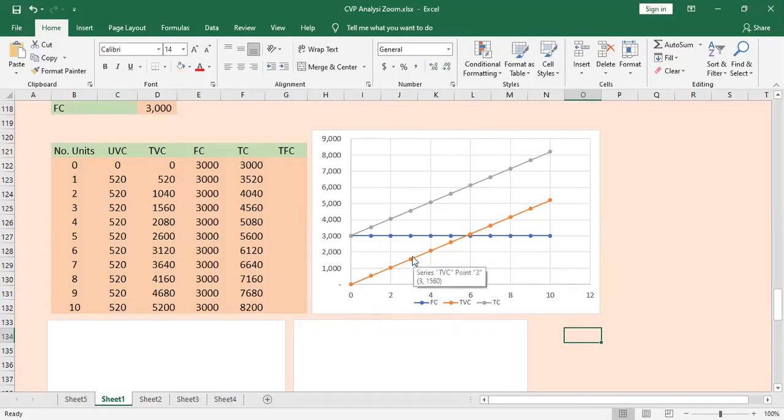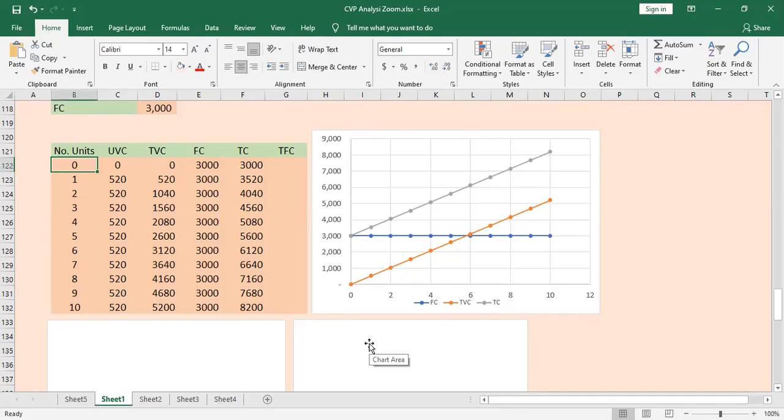The only difference between total cost and variable cost is that the variable cost line starts from 0 and the total cost line starts from the fixed cost. So this is how the cost is behaving when you change your level of activity. Now here we have changed from 0 to 10.